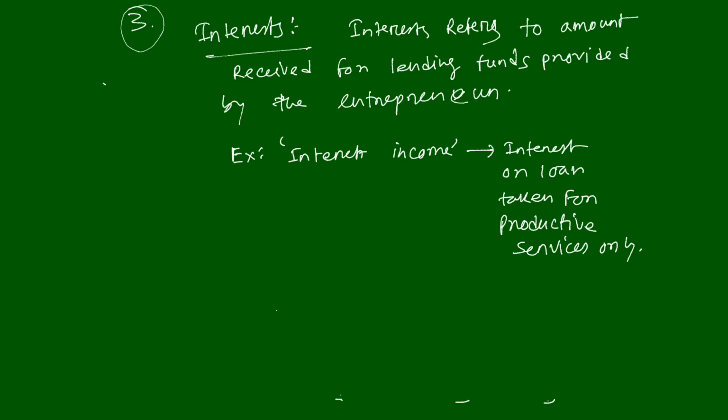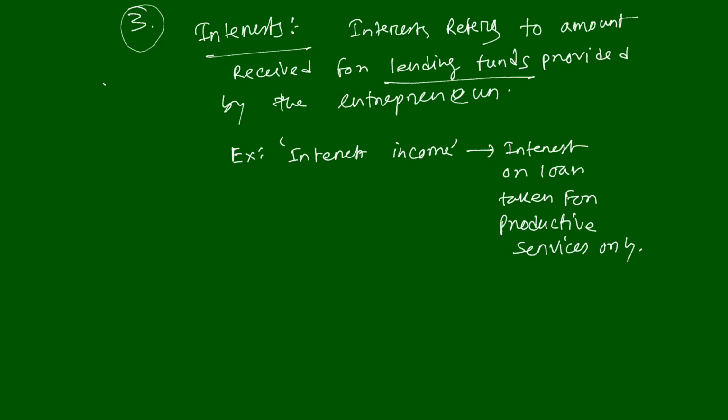Interest refers to an amount received for lending funds. Here lending funds means providing funds on a loan basis, provided by the entrepreneur. If the entrepreneur provides that loan, the interest on loan taken for productive services is called interest income.